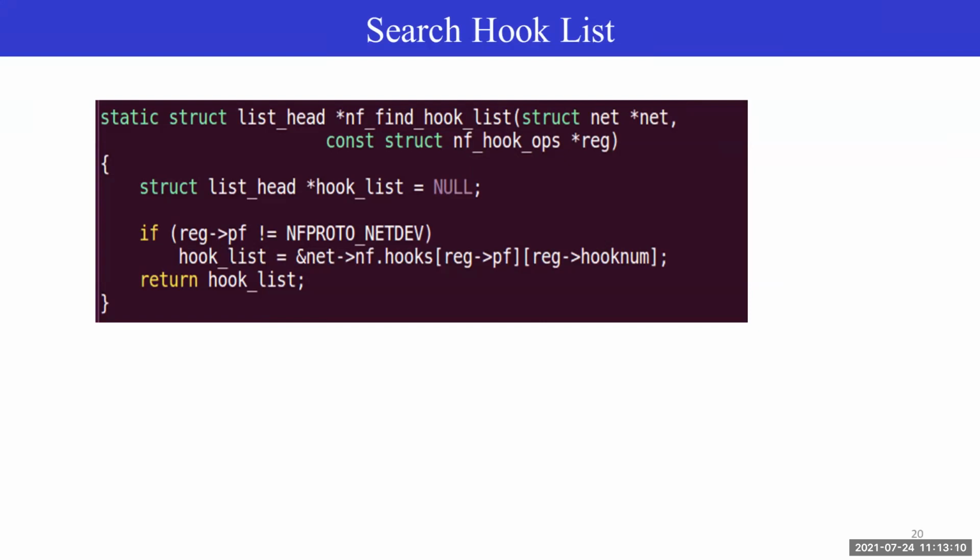If we think about only IPv4 and IPv6, then these hooks will have 2 rows, one for IPv4 and the other for IPv6, and each will have 5 hook points. If you want to add your new hook points, they will be created in the second part of that.